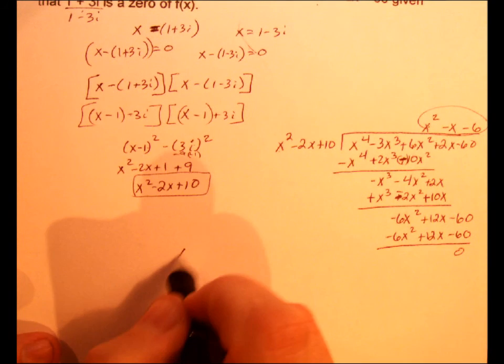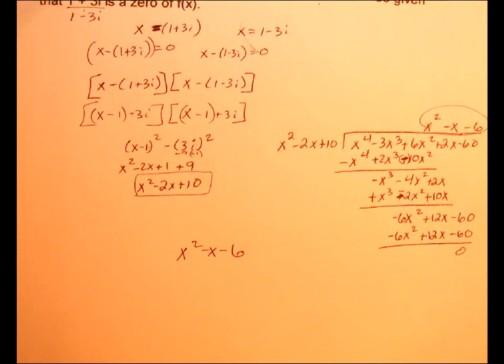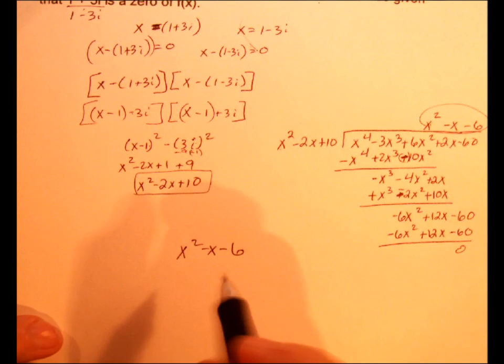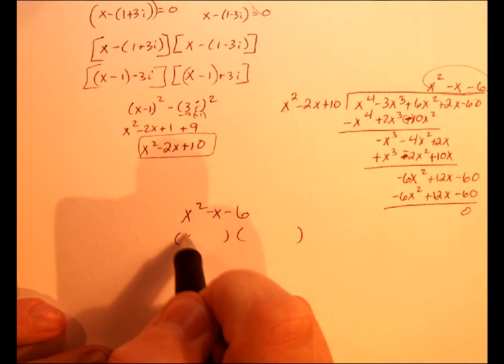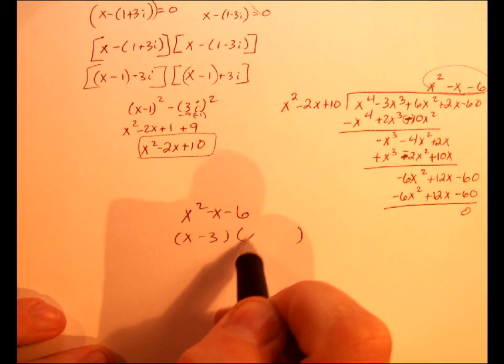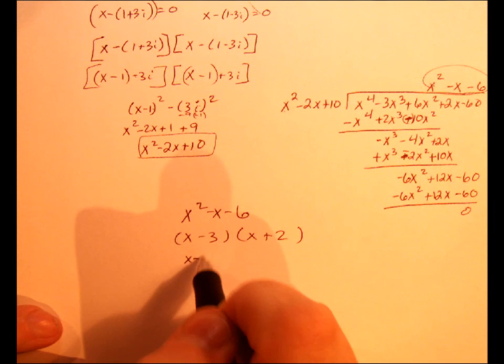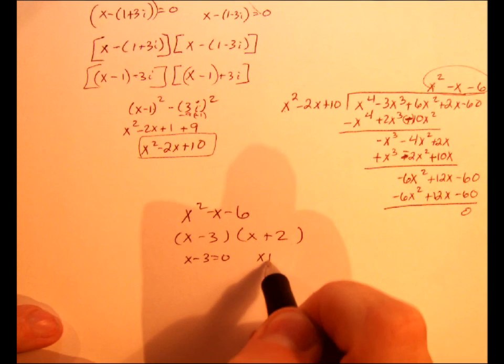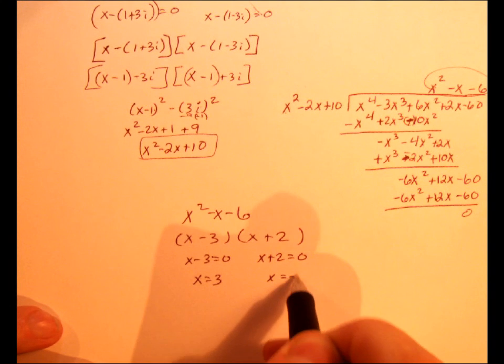So we have x squared minus x minus 6. So can we factor that out a little bit further? Yes, we can. And that goes to x minus 3 and x plus 2. So what we have there is x minus 3 equals 0, x plus 2 equals 0. So of course we get x equals 3 and x equals a negative 2.